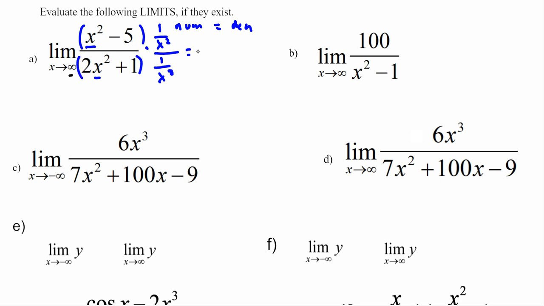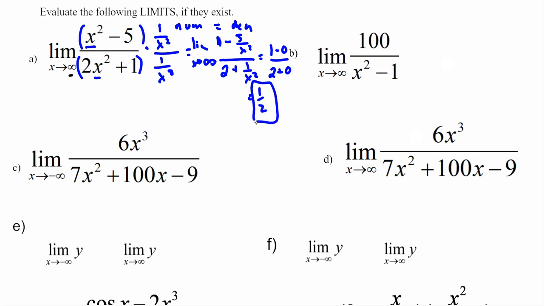And what we have when we take the limit as x goes to infinity is 1 minus 5 over x squared, over 2 plus 1 over x squared. When we take this to infinity, 1 remains 1. 5 over x squared approaches 0 because the denominator grows faster than the numerator, so it's going to be 1 minus 0, over 2 plus 0. And so we have 1/2.